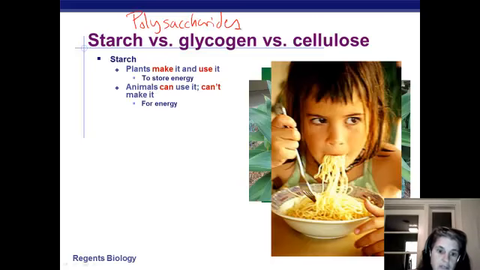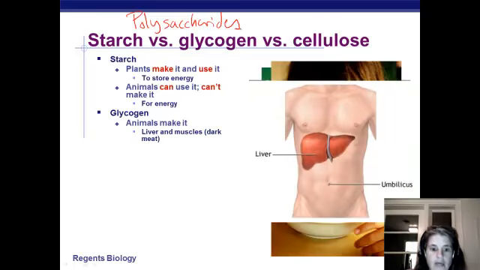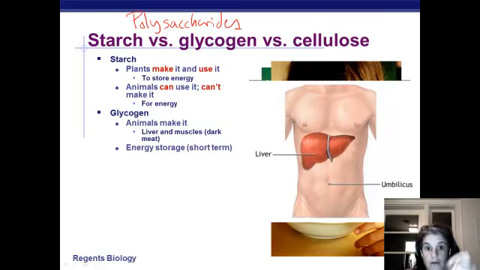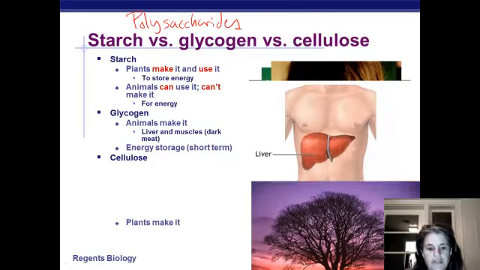We cannot make it. We can use it, but we can't make it, and we use it for energy purposes. Glycogen, on the other hand, animals make it, so we make that in our liver and in our muscles, and we use it for short-term energy storage, like you've got a day's supply of glycogen. Beyond that, you're going to have to rely on something else to provide you with energy.